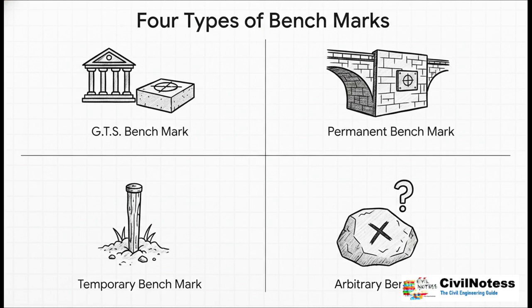Then you have permanent benchmarks, which are set by local agencies on super stable things like bridge abutments or buildings. They're your reliable local reference points. For a specific job, say a few months of construction, you'll probably set up your own temporary benchmark. And for really small-scale stuff, like laying out a garden, you can even just create an arbitrary benchmark and give it a convenient elevation, like 100.00, just to keep everything consistent.